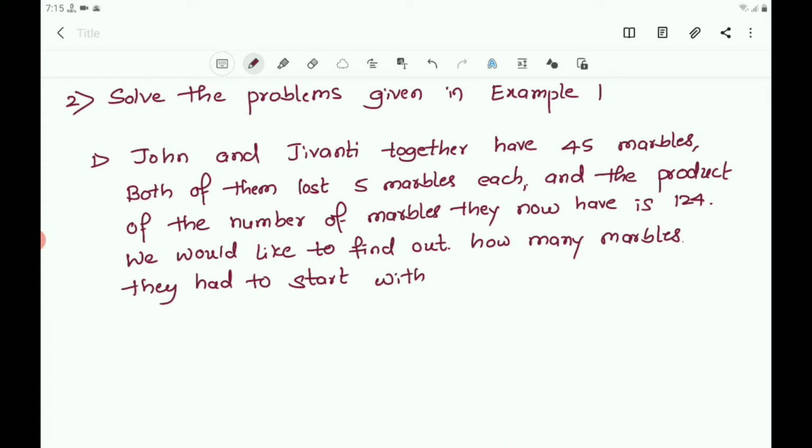Here, the total number of marbles they had together was 45 marbles. Now, here we have to find the number of marbles they had. So here let us consider the number of marbles John had be x. So you write the solution.